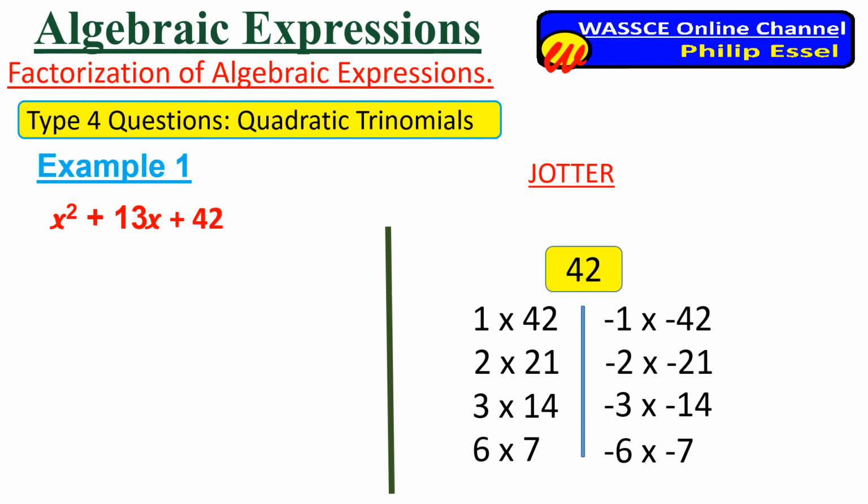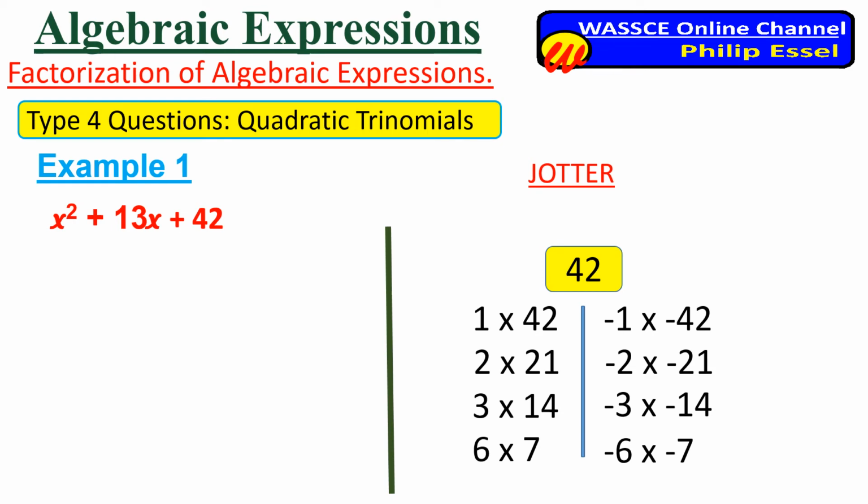We will then ask ourselves, among these pairs of numbers, which of them, when added together, would give us the coefficient of x? Remember from the question, the coefficient of x is 13. So which of the pairs, when added together, would give us 13?